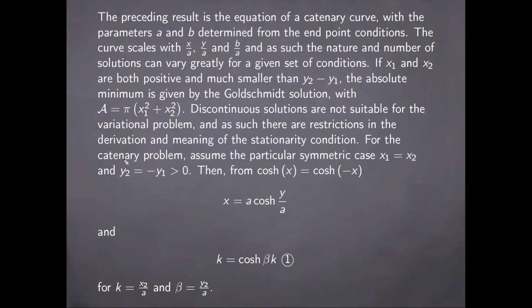Now, for the catenary problem, we are going to assume the particular symmetric case where x1 is equal to x2 and y2 is equal to minus y1 and is considered to be greater than 0.